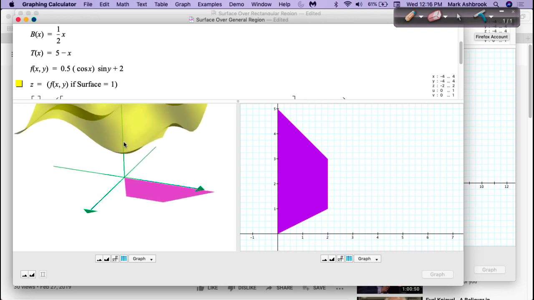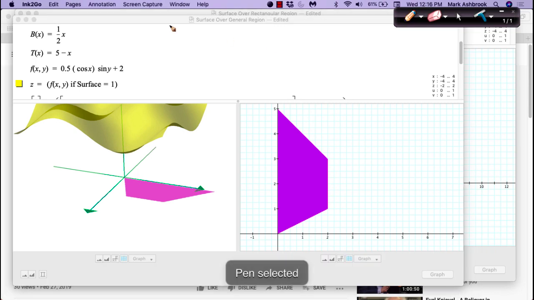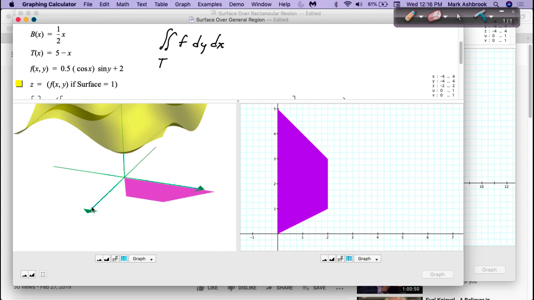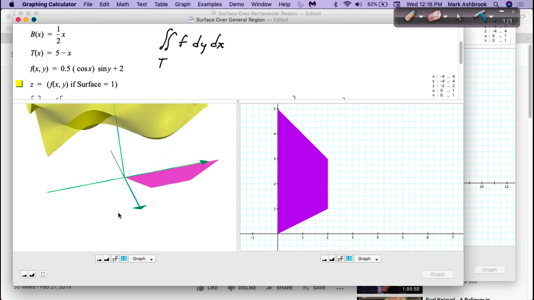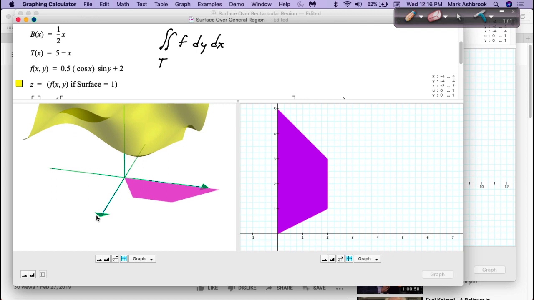If I do the double integral of f, dy dx over the trapezoidal region, capital T, will that give a volume? Won't we be adding up a bunch of columns lining up to the top of the surface, and it'll give us the volume of all that, right?